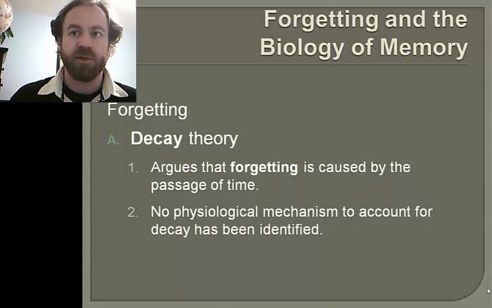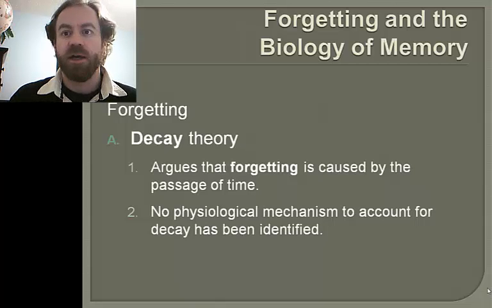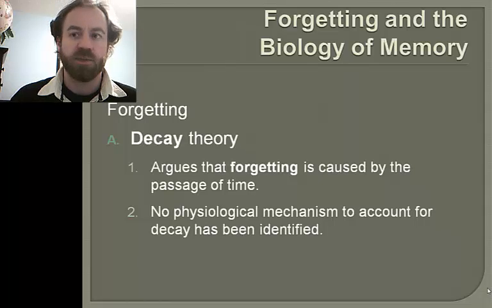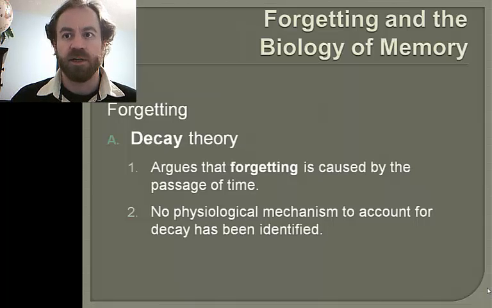We have several theories, the first of which is Decay Theory, which argues that forgetting is simply caused by the passage of time. In this case, we're suggesting that neural pathways whose activation produces the sensation of memory have decayed and are no longer intact.